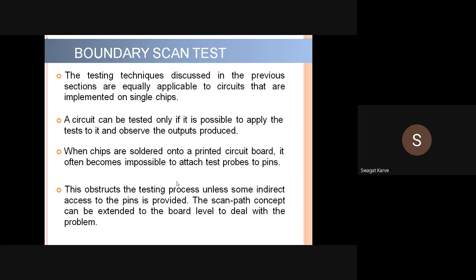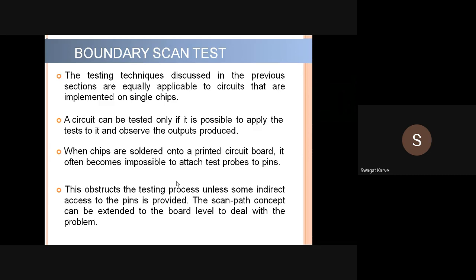What you are supposed to do is simply provide one JTAG interface. That JTAG has its own instruction set for testing, and with the help of that JTAG, you can easily test the entire circuit. This is the effectiveness of this boundary scan test, or JTAG test.